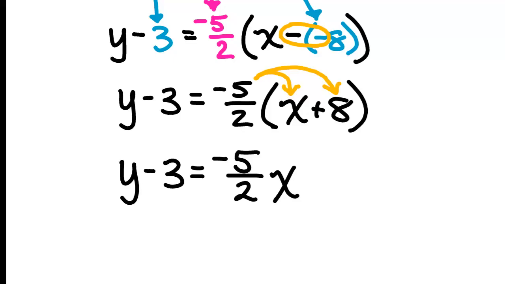But then I need to take the negative 5 over 2 and multiply it by the 8. You might need to grab a calculator for this. Cell phone calculator would be fine. You do not have to have a fraction key to do the negative 5 over 2. When you see a fraction, what operation is happening? Division. So you could put negative 5 divided by 2 times 8. Negative 20, yes.